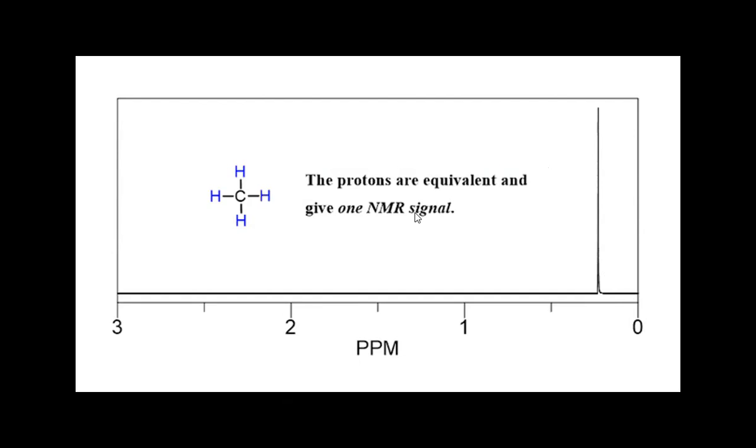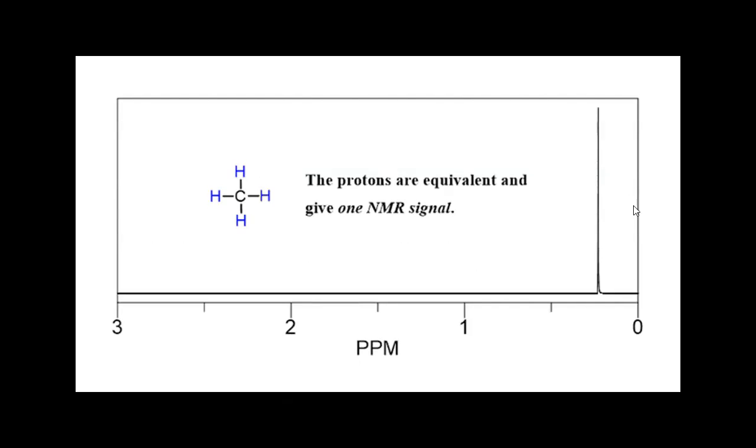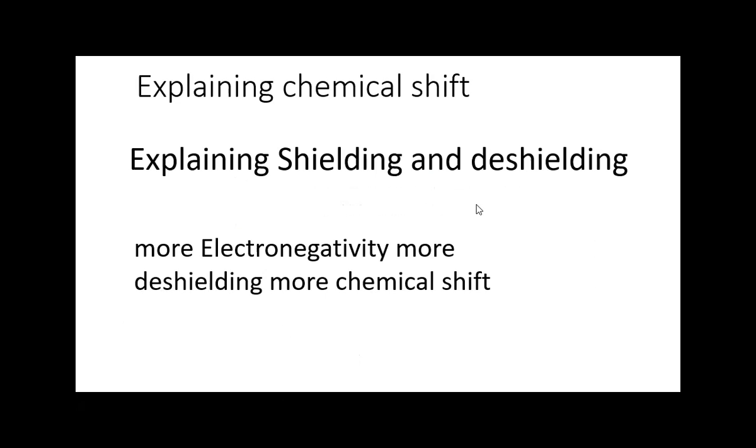Now, explaining chemical shift. Why does this chemical shift happen? It is because of the shielding and deshielding effect. When a magnetic field is applied, there are also electrons.